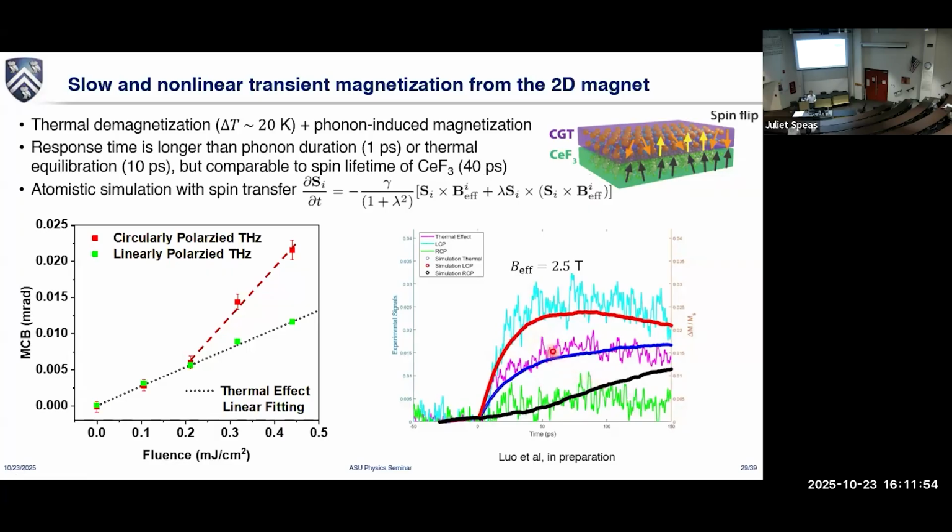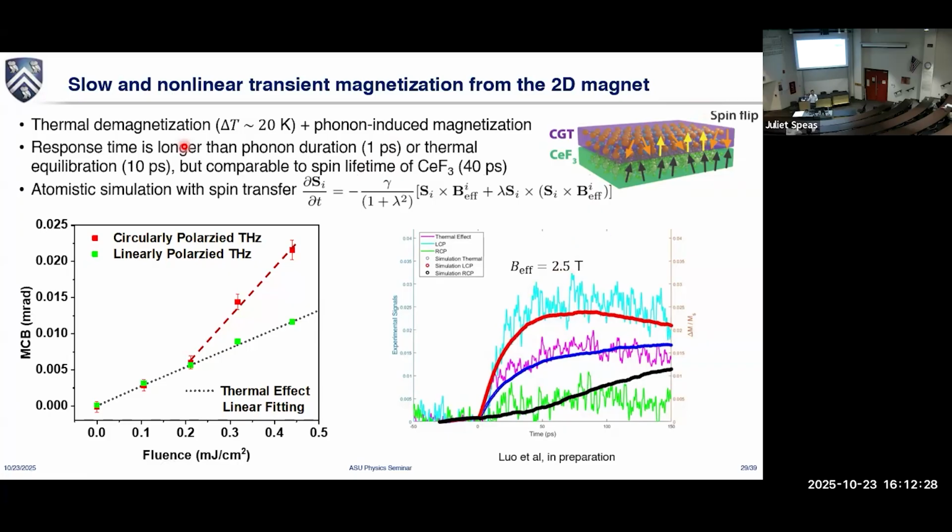And because the dynamics here is pretty slow, we would expect that it is not directly related to the effective field from the phonon, but is a sequential event. The phonon generates spin in the substrate, and then that spin affects the ferromagnetism in the heterostructure. So that model sounds pretty reasonable.